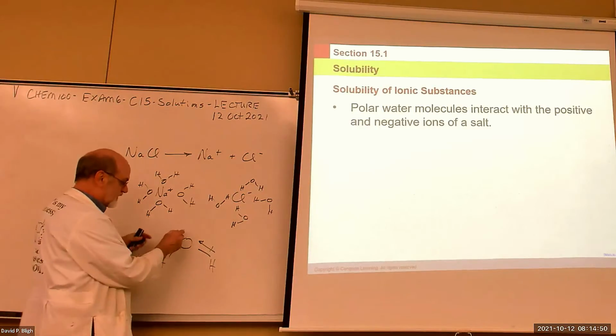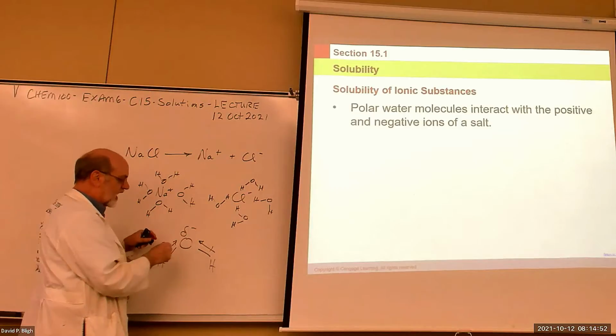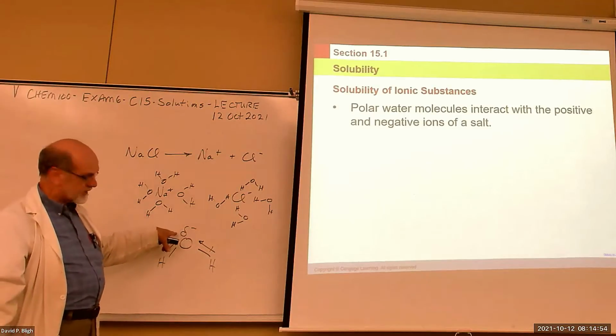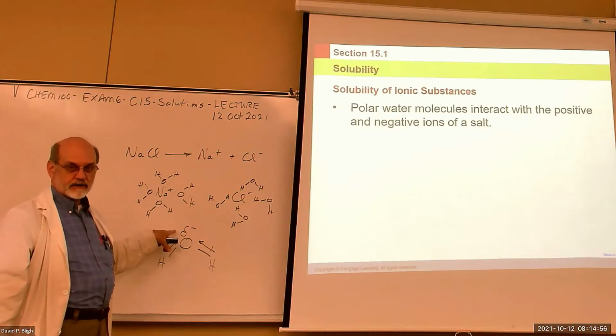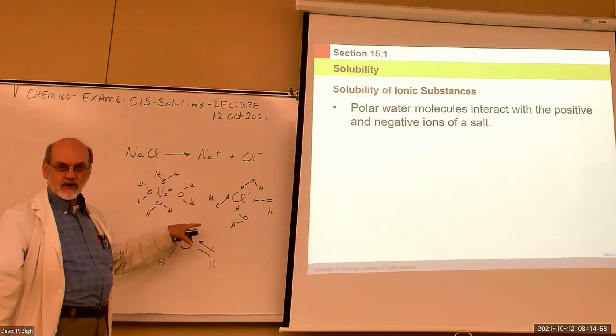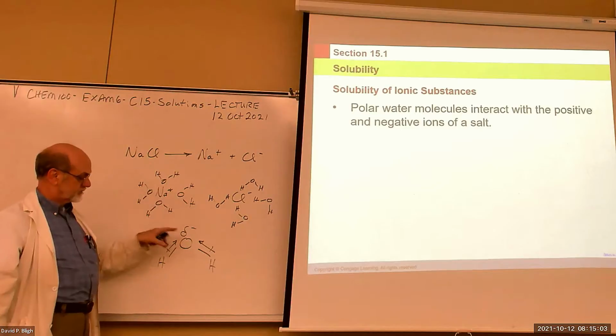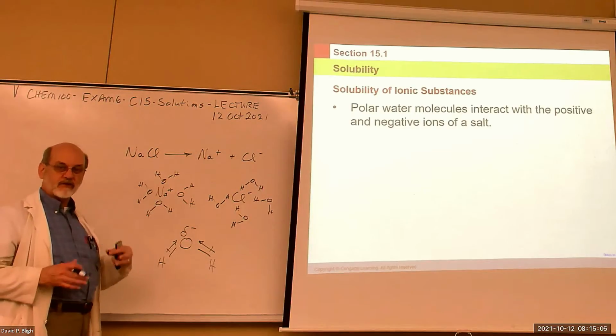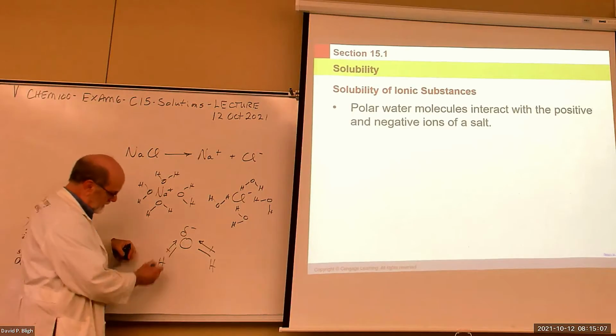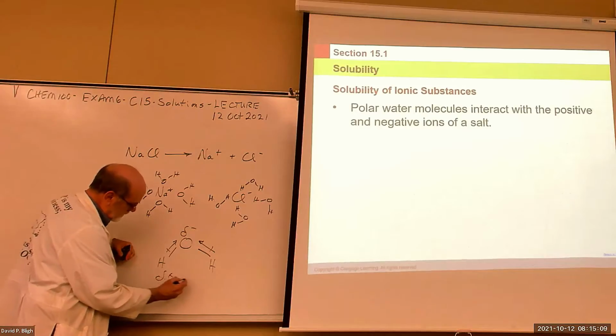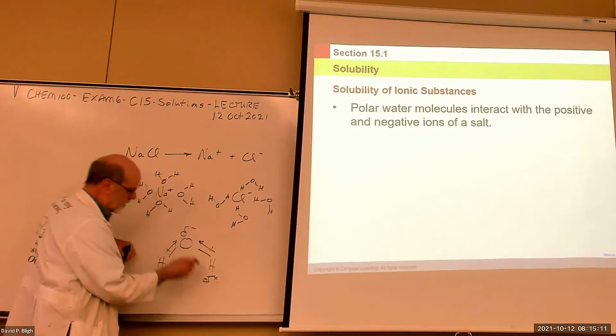Okay, so that gives this side of the molecule a slight negative charge, and that's what that small Greek letter delta with a negative charge means, slight charge. It's not a complete charge like this. The electrons are not completely transferred. And that means that this end of the molecule becomes positive.